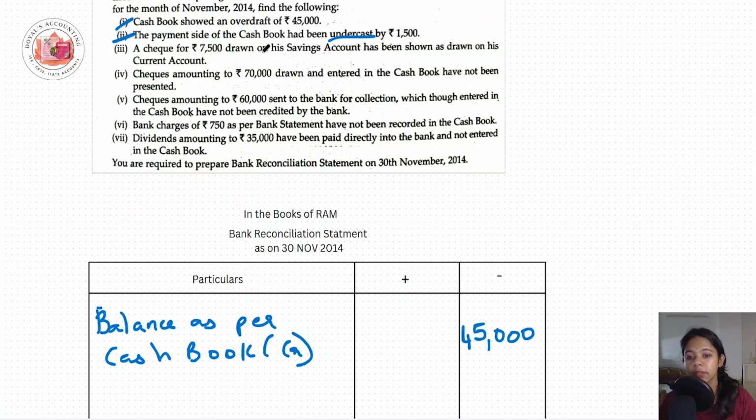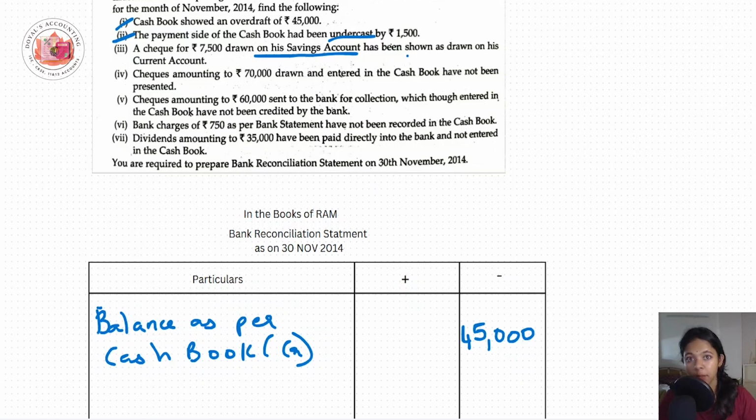A check for Rs 7,500 drawn on his savings account has been shown as drawn on his current account. Okay, so savings accounts are usually used by individuals and current accounts are used by businesses. Now, the proprietor Ram has withdrawn 7,500 from his savings account. But by mistake, it has been recorded in the current account. So, the accountants have treated this transaction as if Ram has withdrawn 7,500 from the business fund. But in actuality, he has withdrawn it from his own account.